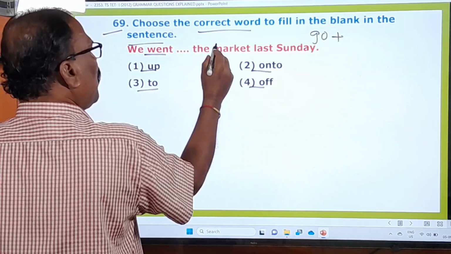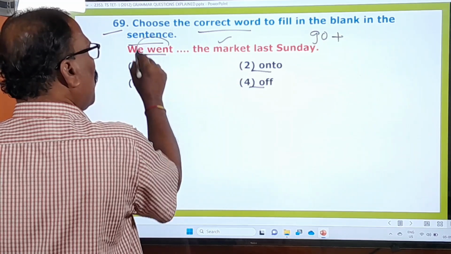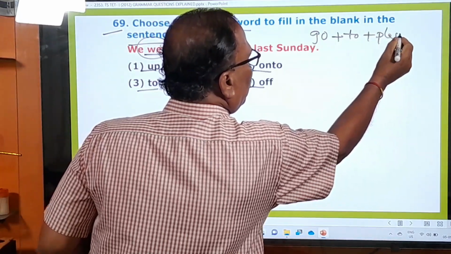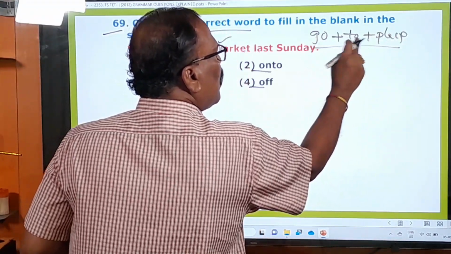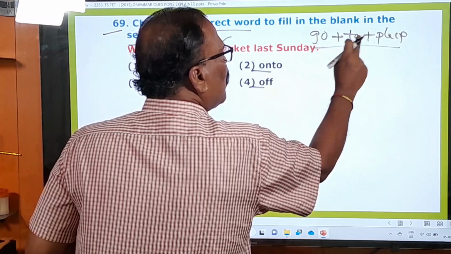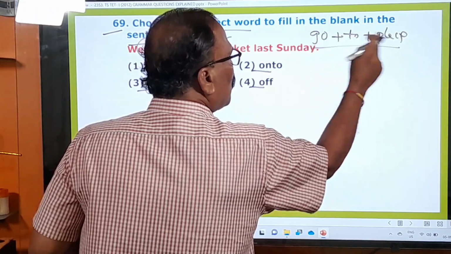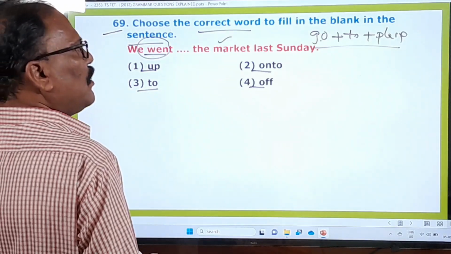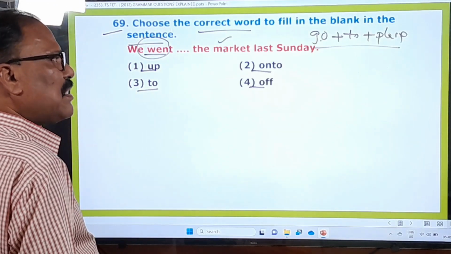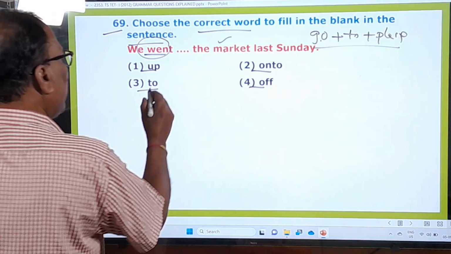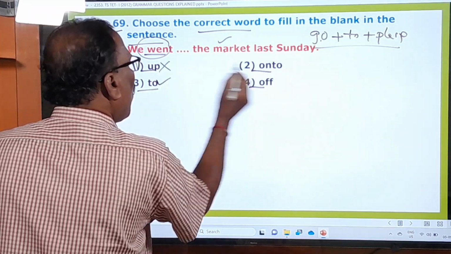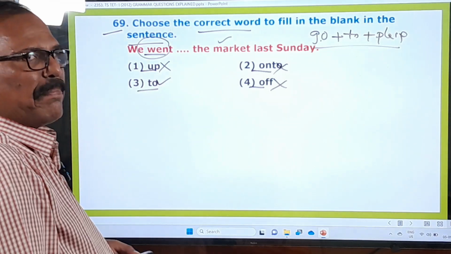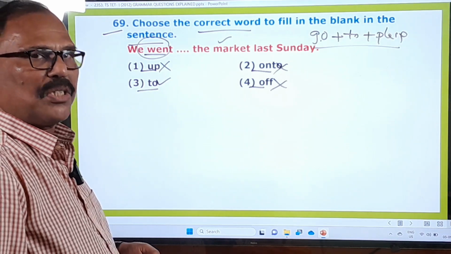Whenever you are going to a place, go plus to plus place. This is a phrase, a pattern. Go to the market, go to the airport, go to the school, go to college. That is there. So that's why this is the right one, and this is wrong. This is wrong. This is wrong. Easily you can understand. Very simple question paper given in 2012.